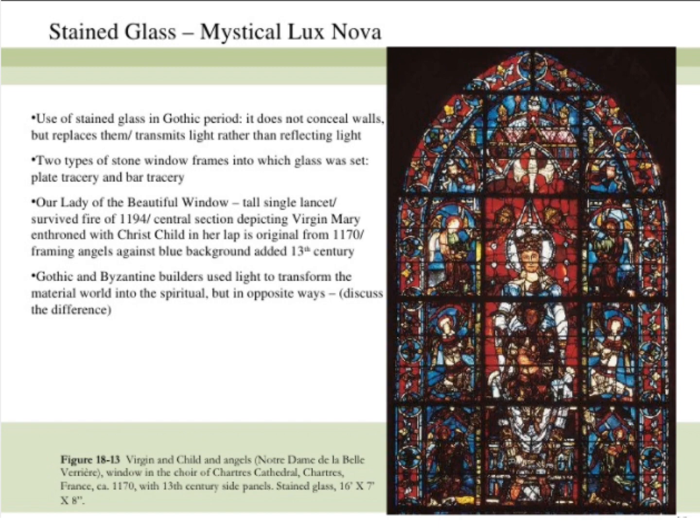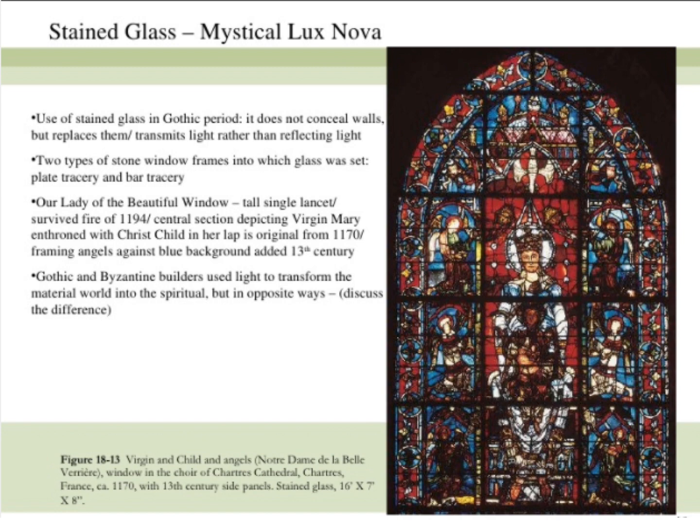This is the Our Lady of the Beautiful Window. It is a tall lancet. It survived the fire of 1194, and it's a central section depicting the Virgin Mary enthroned with the Christ child in her lap. It's original from 1170 and is set against a blue background.